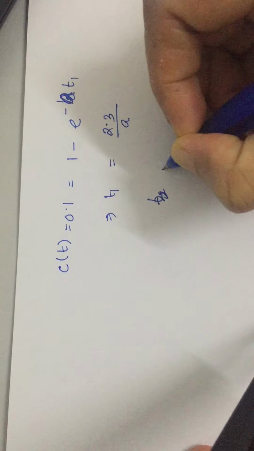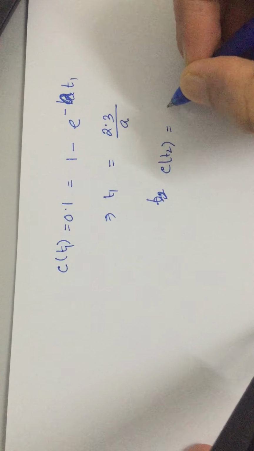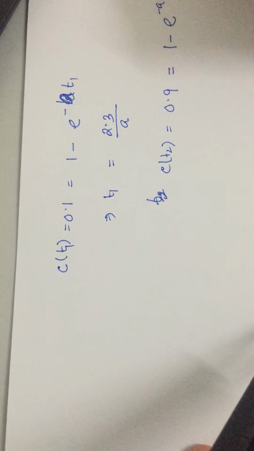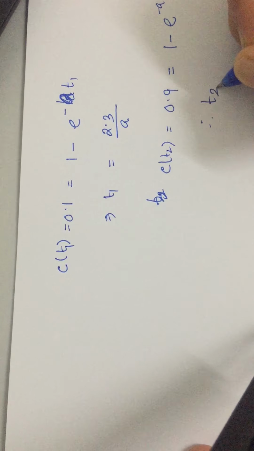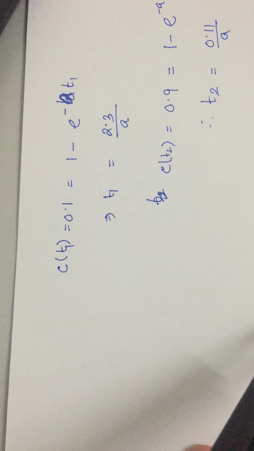And another, t2, same. If you set C of t to 0.9, 1 minus e to the power of minus a t2, then you can get t2, it will be 0.11 over a.